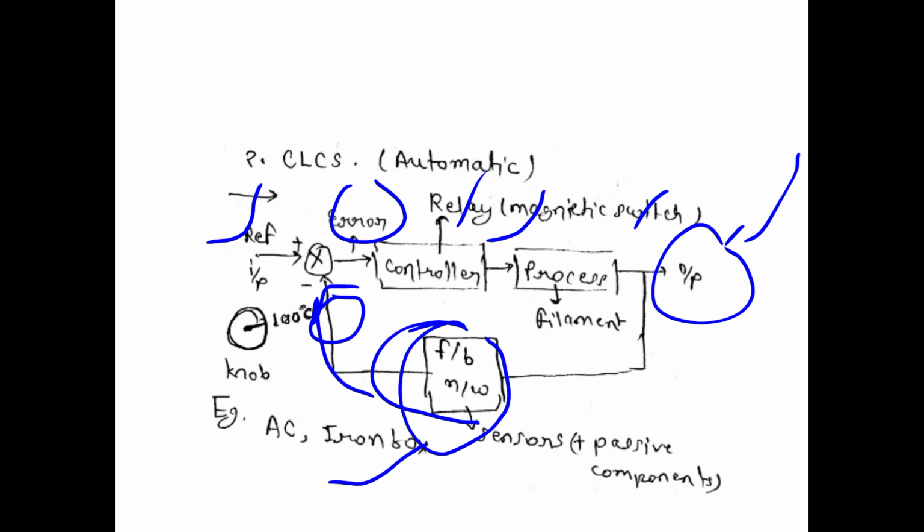Now the feedback network senses that the output has reached 100 degrees Celsius. Now the error signal will be 0 here. The controller senses it and it will be turned off automatically, the processor will be stopped, and the output remains at 100 degrees Celsius.